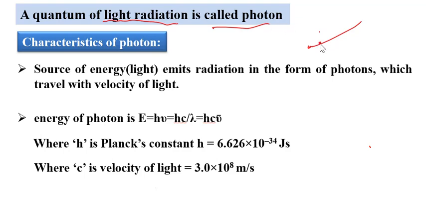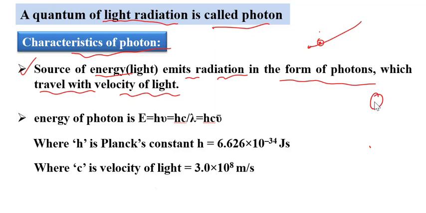What is a photon? The source of energy emits radiation in the form of photons which travel with the velocity of light. Suppose the sun is there, the sun's rays are coming like particles. Each particle is called a photon.